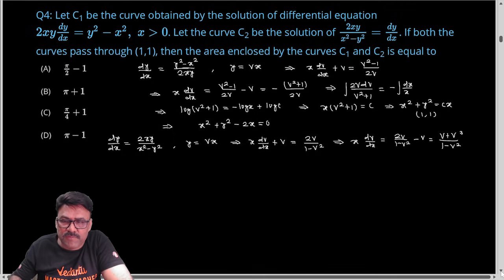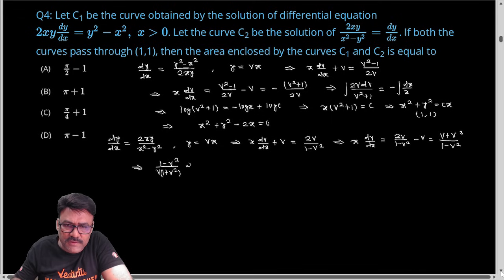Now it is variable separable. So if I separate the two variables here, in the numerator I am getting 1 minus v square, and in the denominator I am getting v(1 plus v square), dv is equal to dx by x. Now let's integrate.